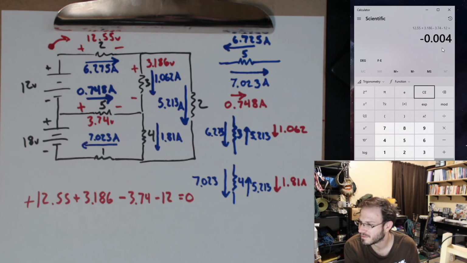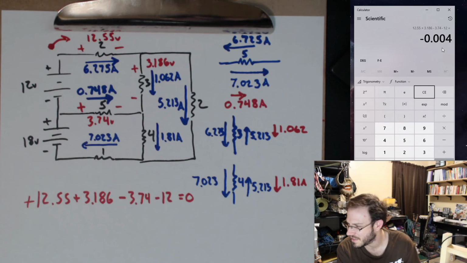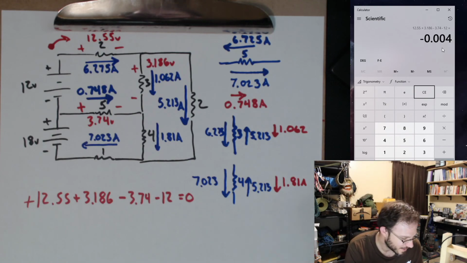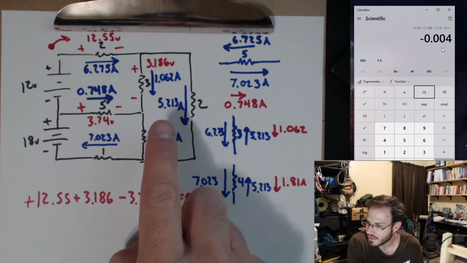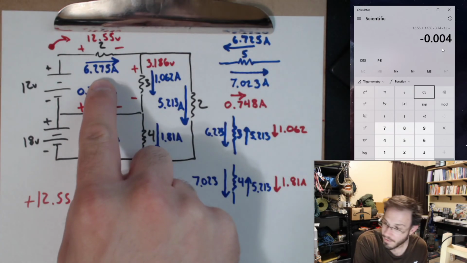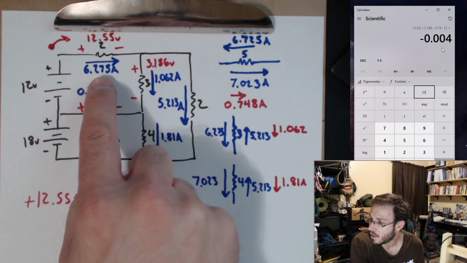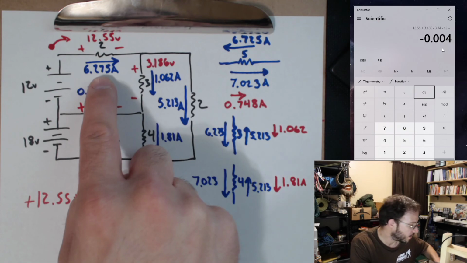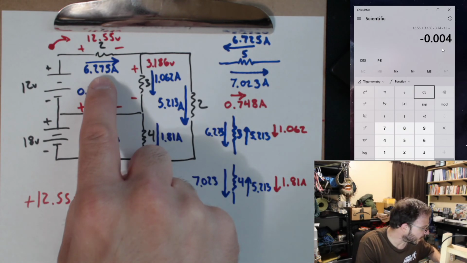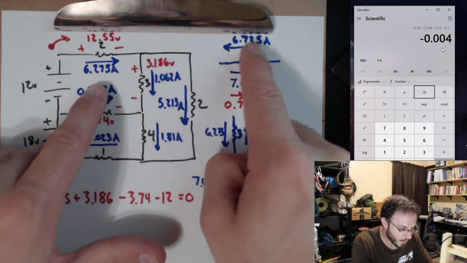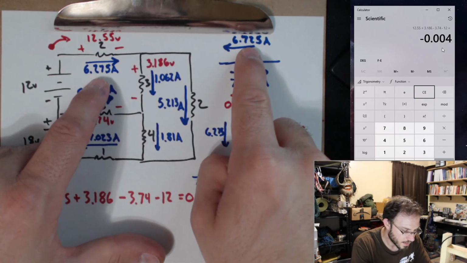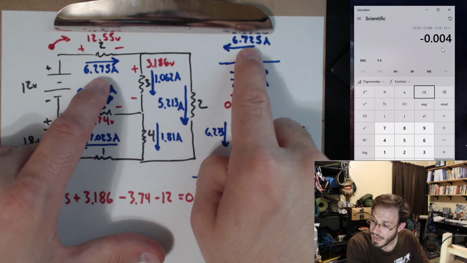6.275 amps. What about 6.275 amps? Did I write down 6... did I swap? Okay, well, let's take a look at this. 6.275. You're talking about this one. You did the right number. No, I think I'm right. Oh, at the top right. Oh, you're right.